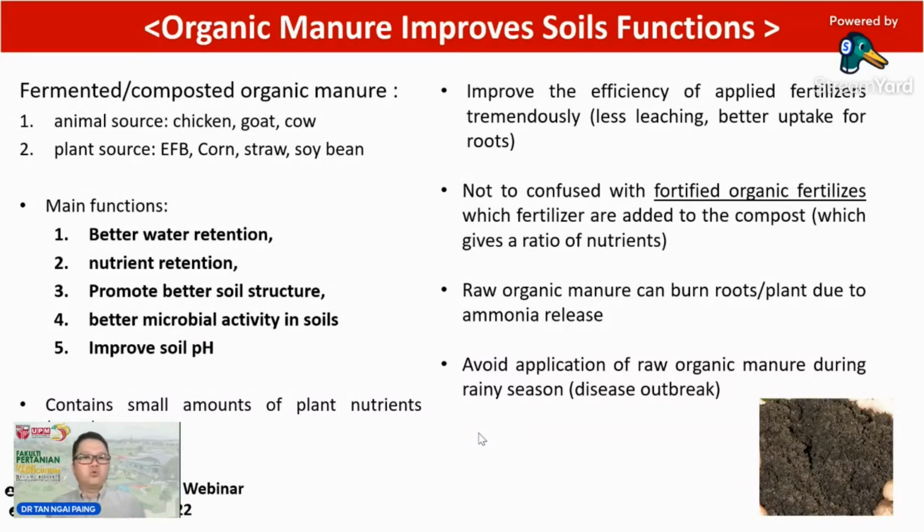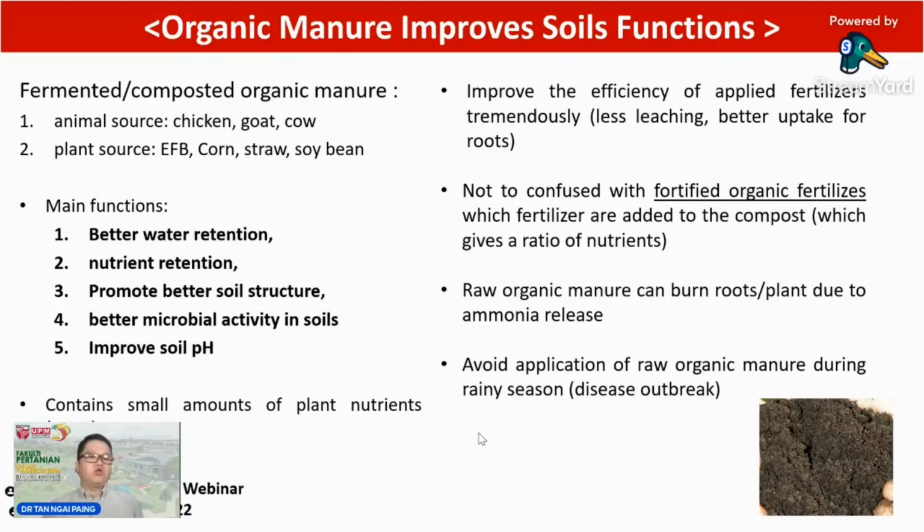So what does organic manure help with? It helps better water retention, nutrient retention, promotes better soil structure, better microbial activities, and improves soil pH. It improves the soil pH because organic matter can form a complex with aluminum, to suppress the release of hydrogen ion.